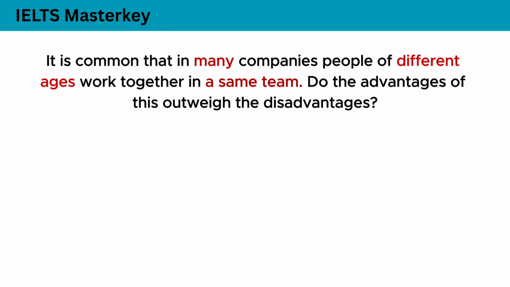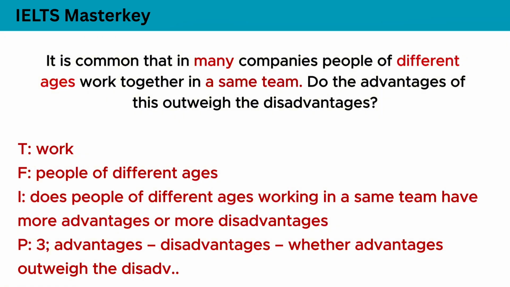The keywords are, again, in many companies, showing that this is a trend, people of different ages, and working together in the same team. The topic is, again, we're talking about work, so the topic is work. The focus is people of different ages.